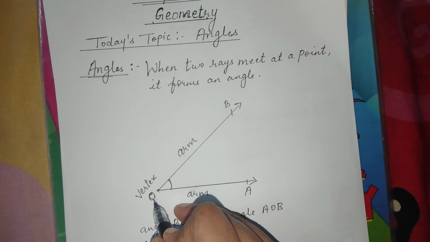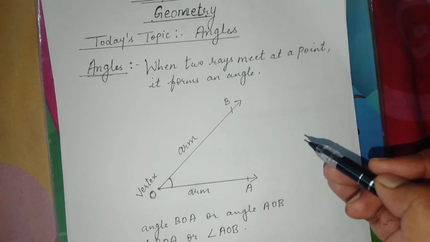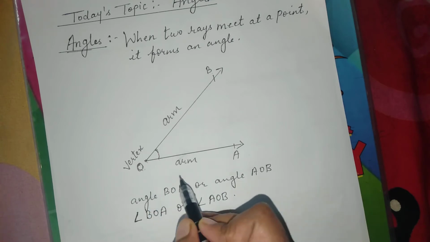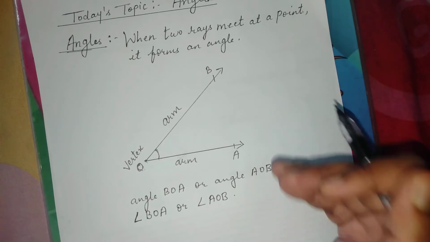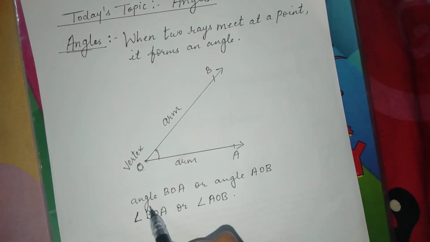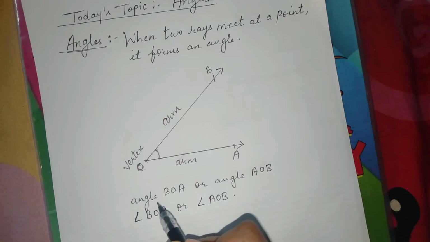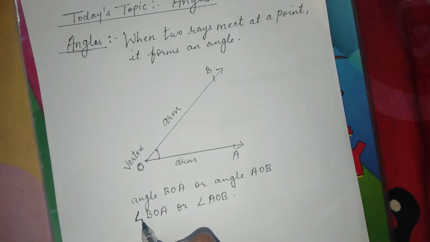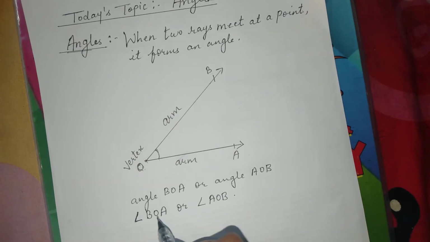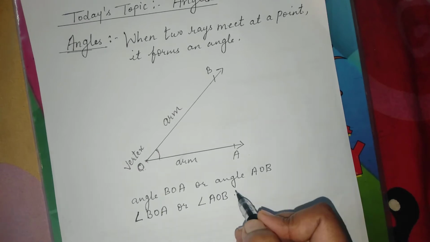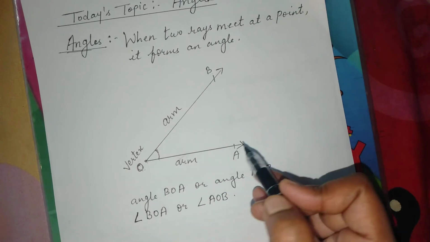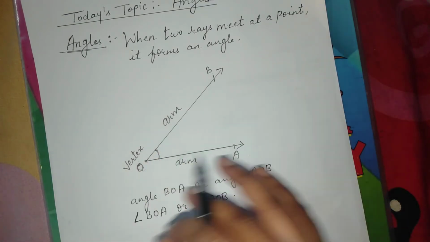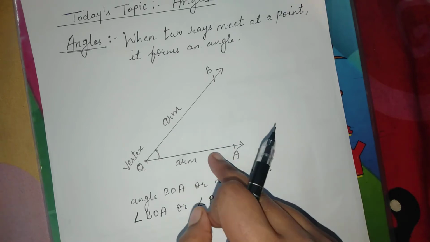Okay, children? Now how will we read this? We will read angle BOA or angle AOB. We can write it in two ways. One, write the word angle, or we can use this symbol. This symbol is called the symbol of angle. Angle BOA or angle AOB. Got it? How to read these angles? If you have many angles, will you be able to read them?